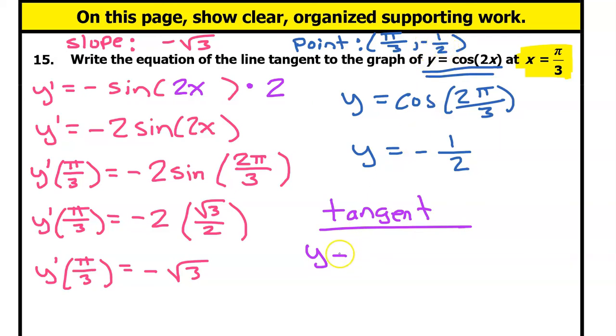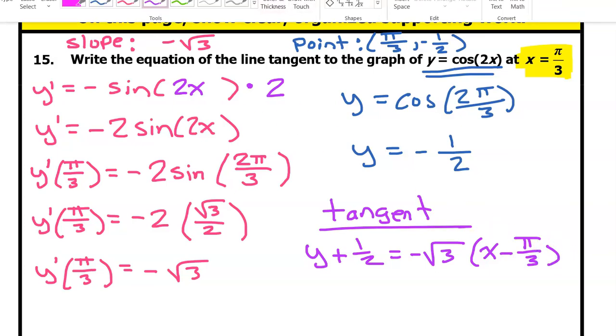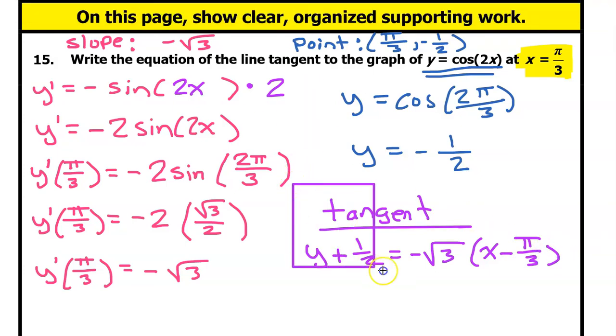Minus negative 1/2 is plus 1/2. The slope is negative radical 3, so I'll put negative radical 3 here in the front. And then we have x minus x1, so x minus pi over 3. So this is the equation of the tangent line.